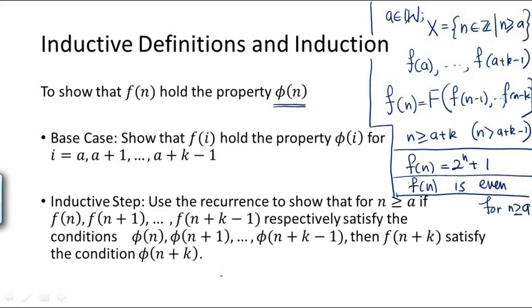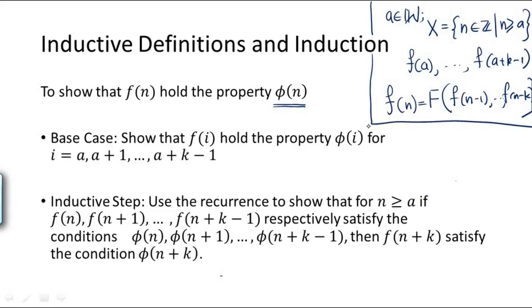The version of induction that enables us to prove something like this for an inductively defined function is the following. The base case of the induction is the k initial values. That is, we have to show that P(i) is true for i equals a up to a+k-1.